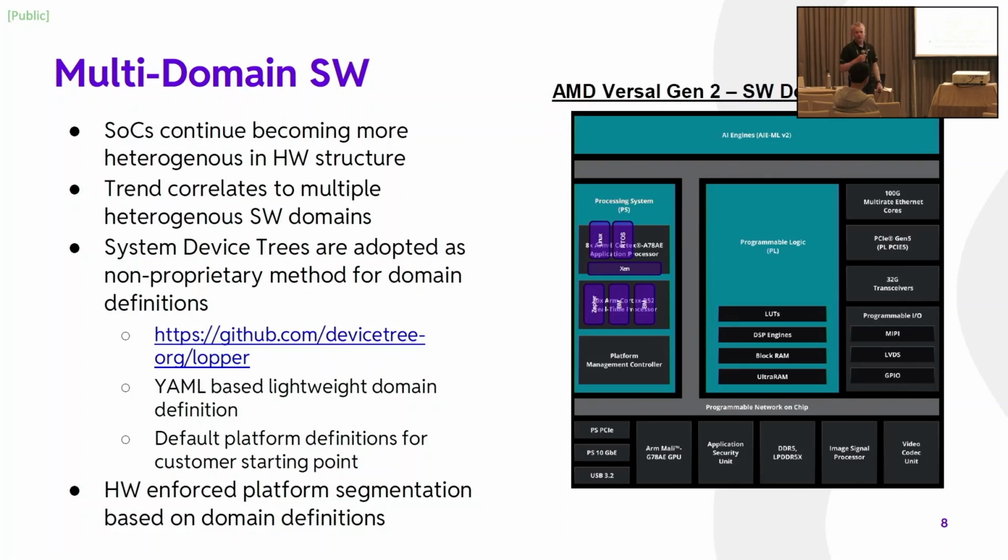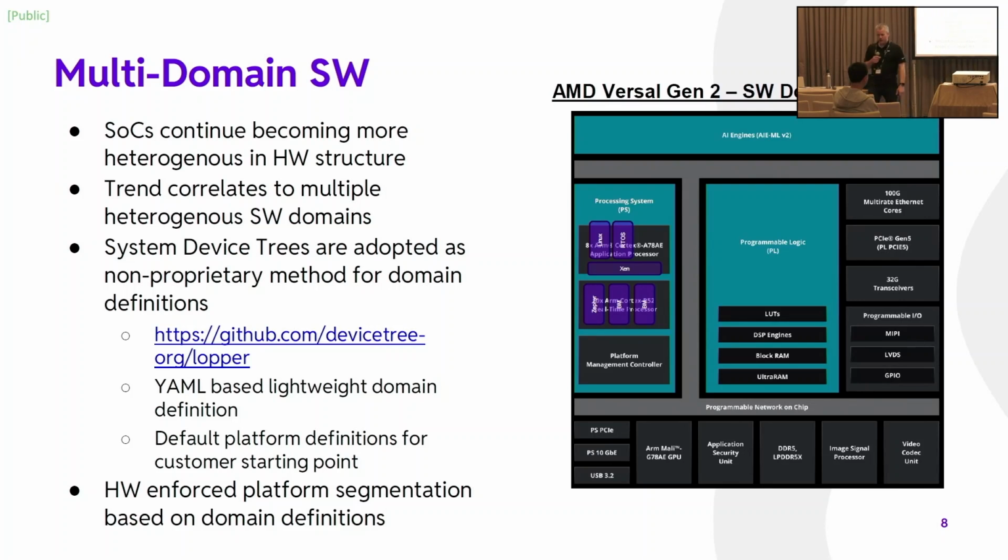And system device trees, which the team has been working on, with Stefano from AMD really helping drive it, but it's really been a devicetree.org collaboration. It really is key to making this simple for our customers to use, so that when you create that flat hardware configuration, there's a very simple and easy way for customers to understand how to carve off what hardware this guy is supposed to have versus what hardware that guy is supposed to have.